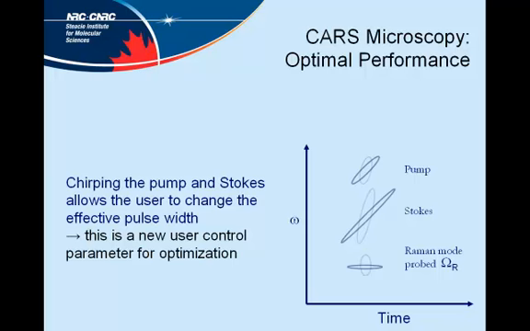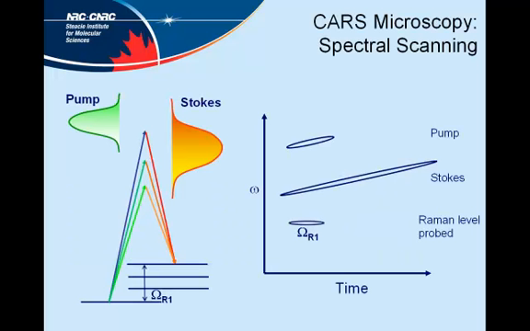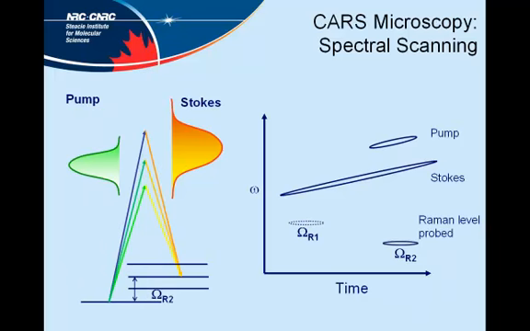But if I chirp them, if I stretch them out like this, you can see that I get a very narrow difference frequency. And in terms of doing spectroscopy, if I have a narrow line width and I change the time delay, you can see that the distance between these two will get smaller. And this tunes the Raman resonance. So I can not only chirp them to get a high resolution, but I can easily do spectroscopy just by changing the time delay between them.